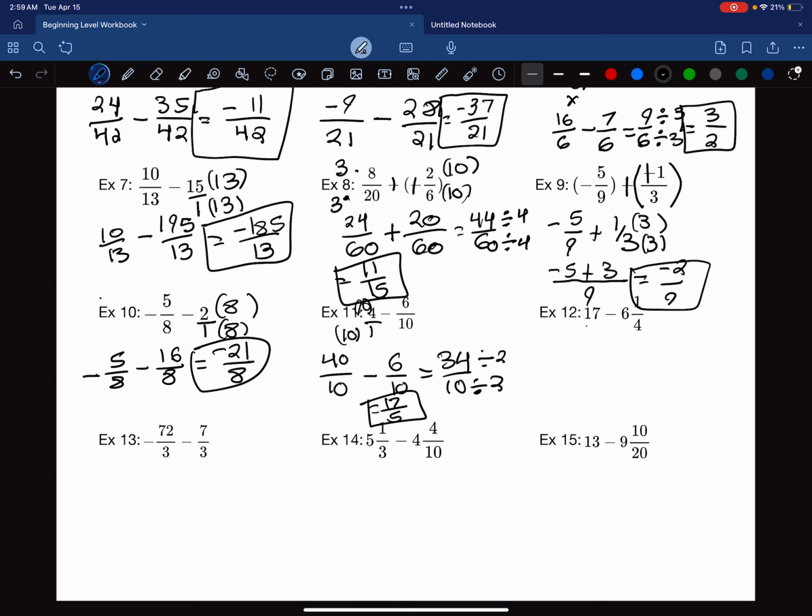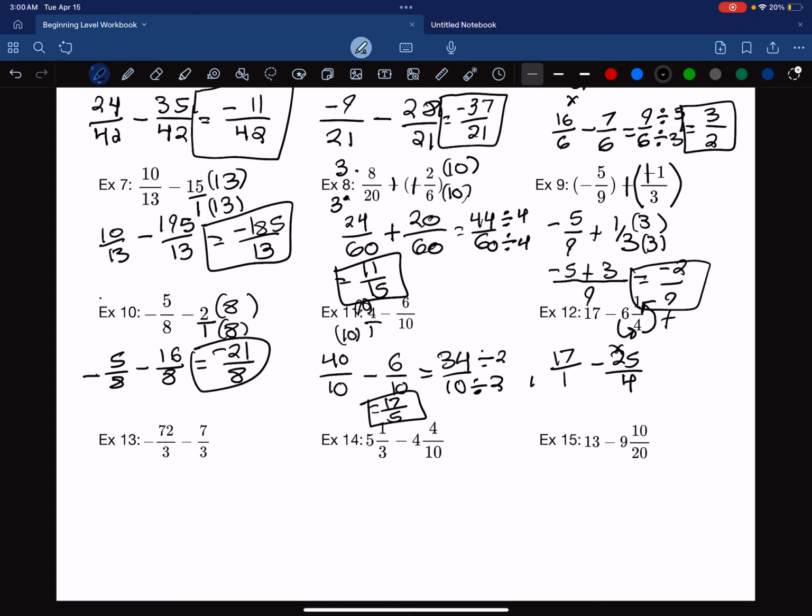Looking at example 12, let's convert this mixed number into a fraction. 6 times 4 is 24. 24 plus 1 is 25. So we're going to change the 17 into a fraction by putting it over 1. So we're going to do 17 over 1 minus 25 over 4.